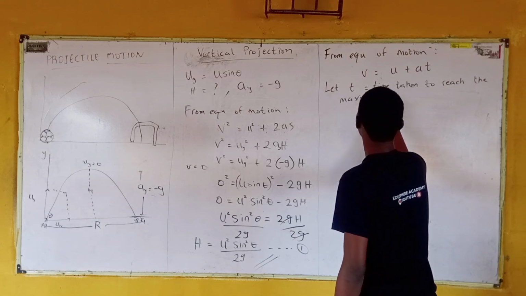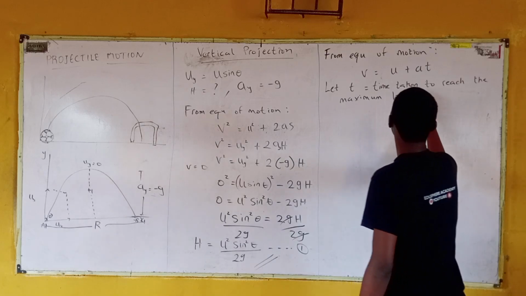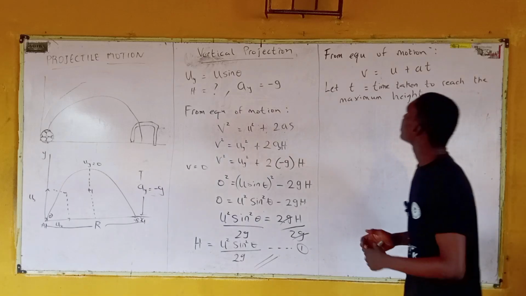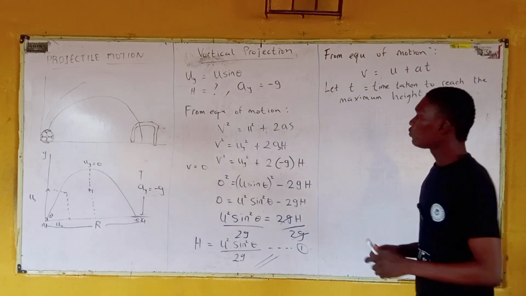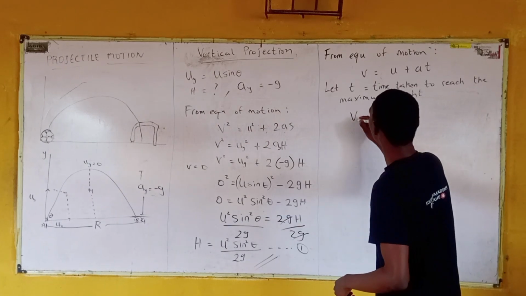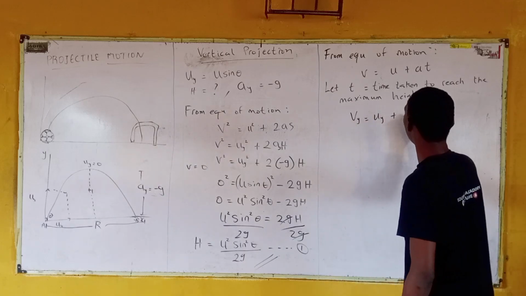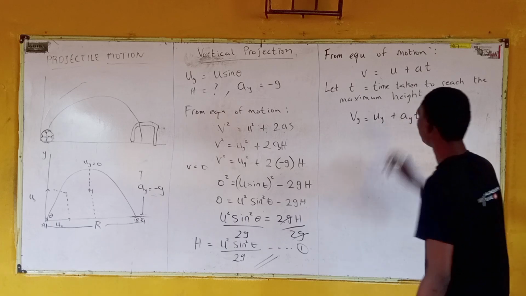If t is the time taken to reach the maximum height, we can simply deduce from here that Vy is equal to Uy plus Ay times t.